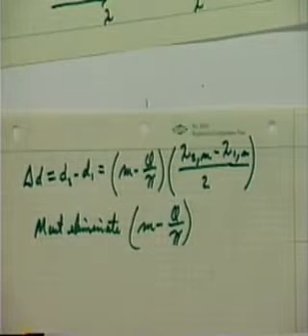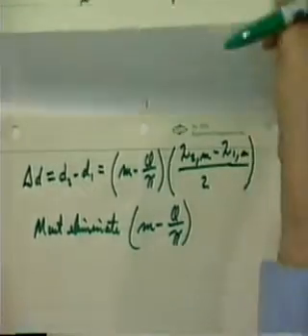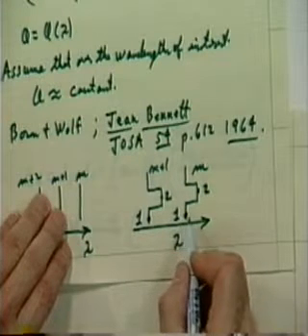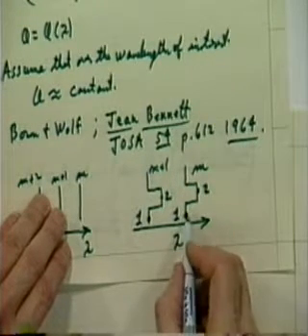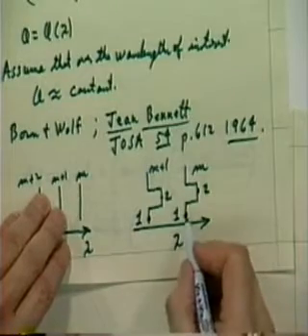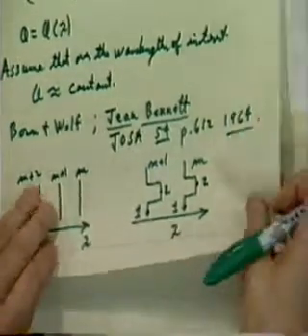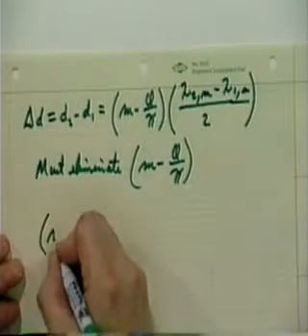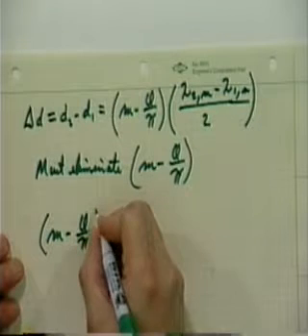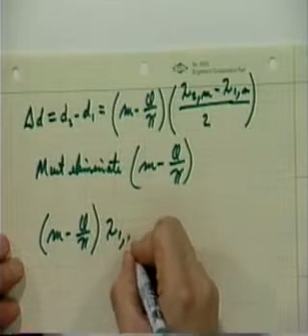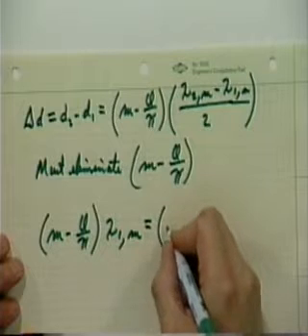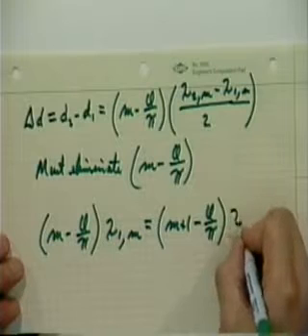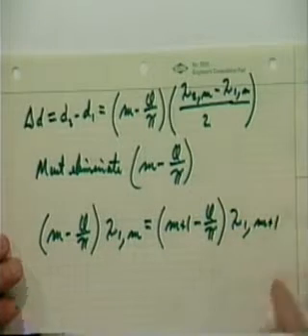And so the way I do that is that we're going to look at, say, point 1 on 2 consecutive fringes here. So we know that d is the same. I mean, point 1 has some d, so the same d there as there. And so we can write here that m minus phi over pi times lambda 1 m is equal to m plus 1 minus phi over pi times lambda 1 m plus 1.